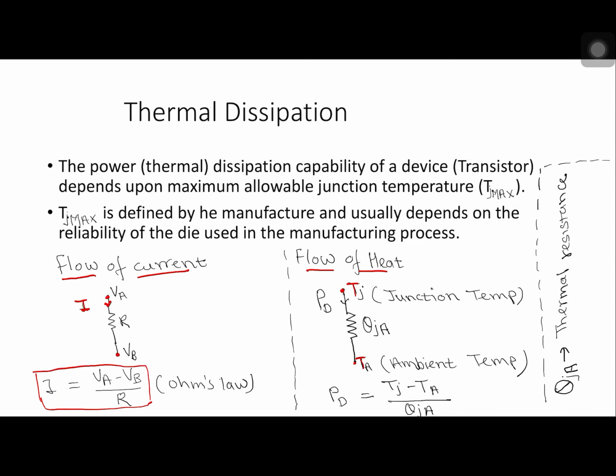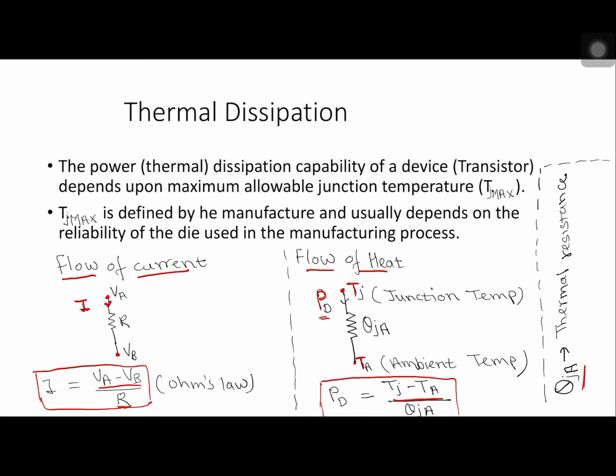So whenever there is a difference in temperature, power will be dissipated, and that dissipated power is given by this formula, which is very much similar to current flow. Instead of potential difference, we have temperature difference, and instead of normal electrical resistance, we have thermal resistance. So theta is the notation for thermal resistance.